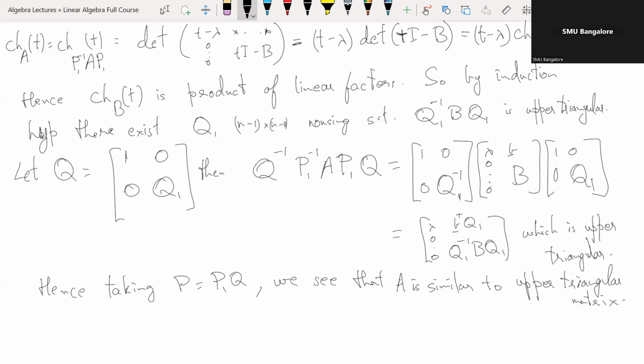You can check that it comes out to be this; you just have to do the multiplication. You multiply one at a time, these two matrices, and then whatever you get. Okay, so that completes the proof of this thing.